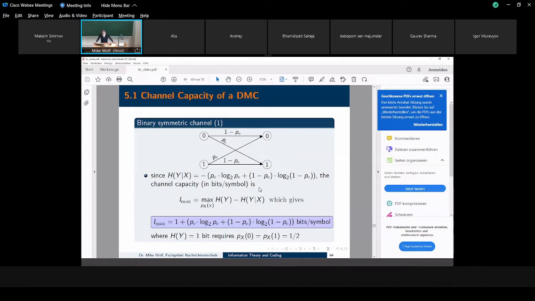And then in order to obtain the maximum mutual information, we need to maximize here the entropy at the output. And this entropy cannot be larger than 1 bit, of course. And this is only possible if we also have the same probabilities here at the input, so the zeros and ones have the same probability.